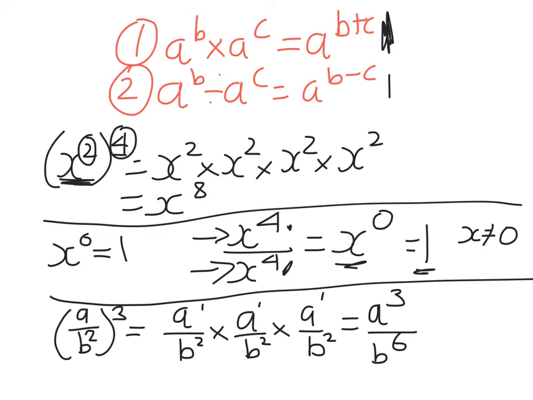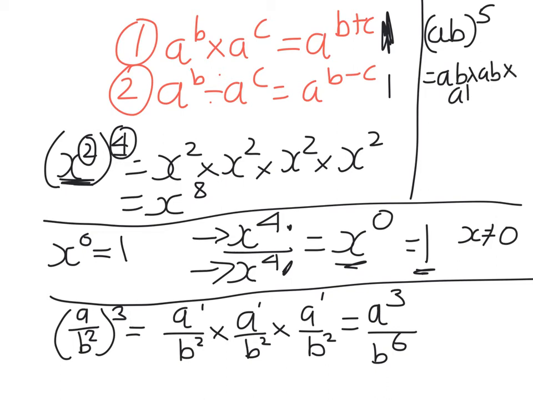So the last index law we used was a product. So let's say I have AB to the power of 5. That actually works because it doesn't matter the order in which we multiply things. So we can write this as AB times by itself 5 times.